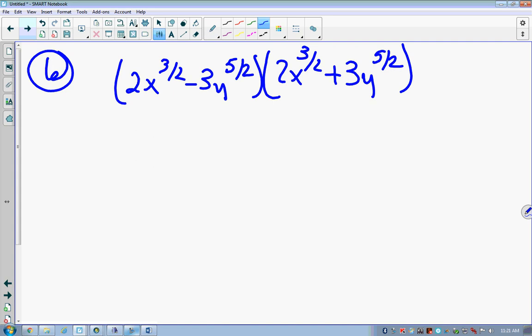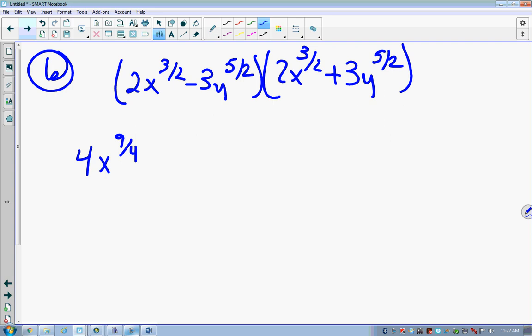FOIL. Because it's the conjugate, right. No, it's not the conjugate, but it's a sum and difference. So I only need to multiply the first and the last, right? So 2 times 2 is 4. 3 halves times 3 halves, 9 fourths. Okay?